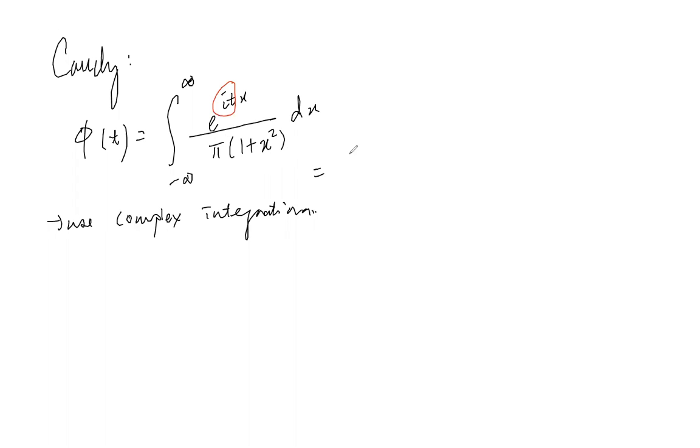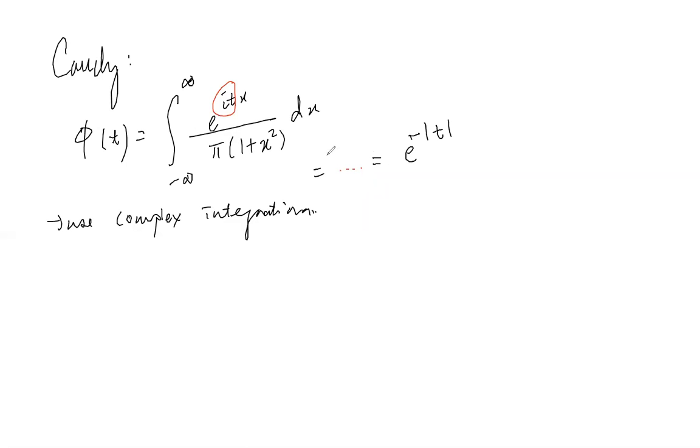So unfortunately we cannot show this, but what we can show is that this finally will be equal to some value, which for the Cauchy is e to the minus absolute t.